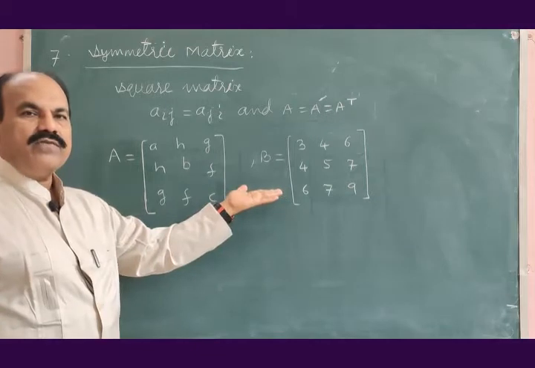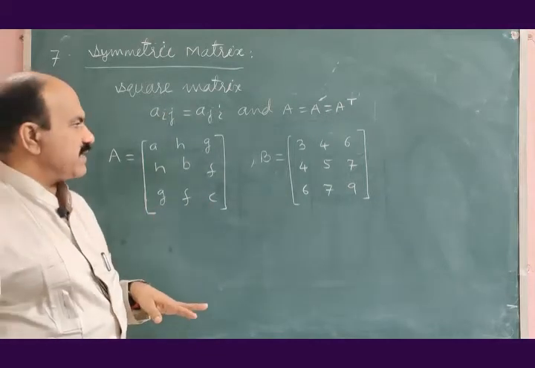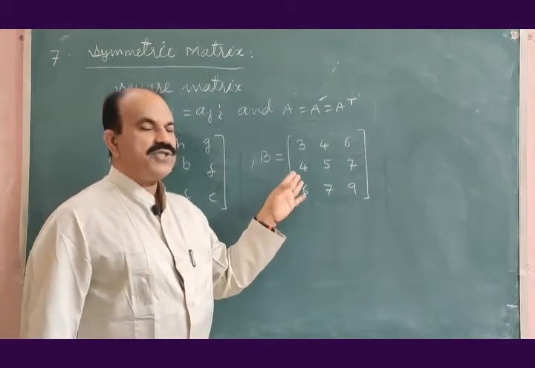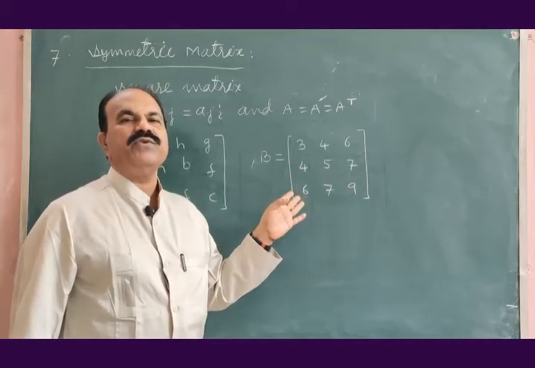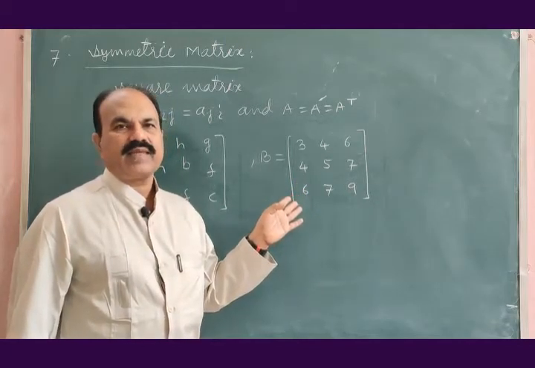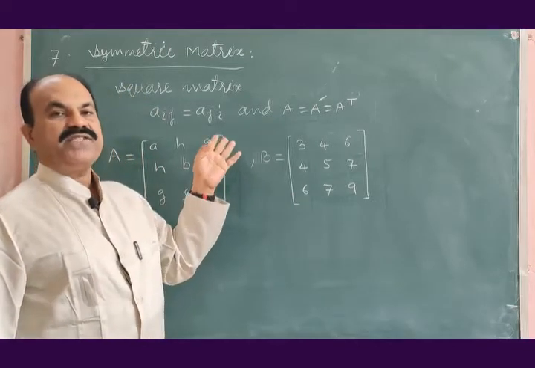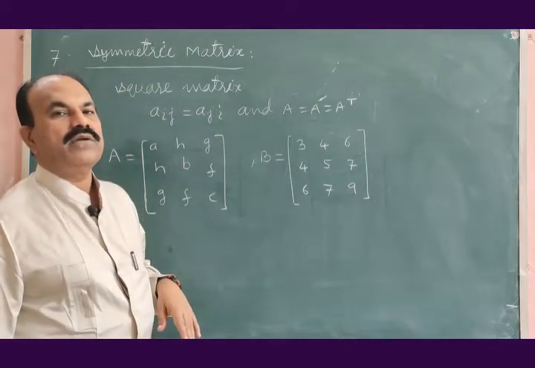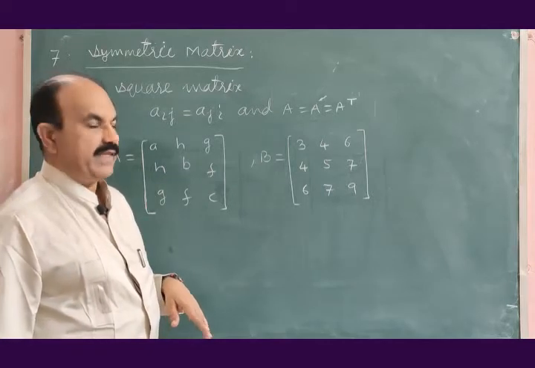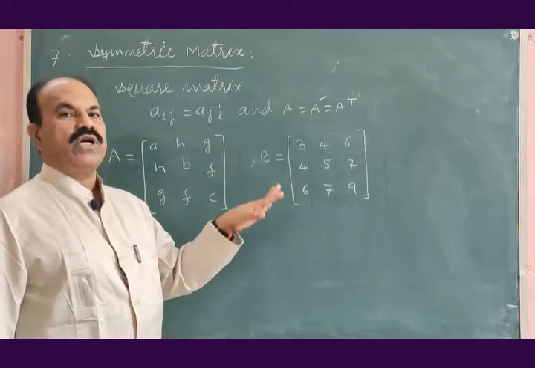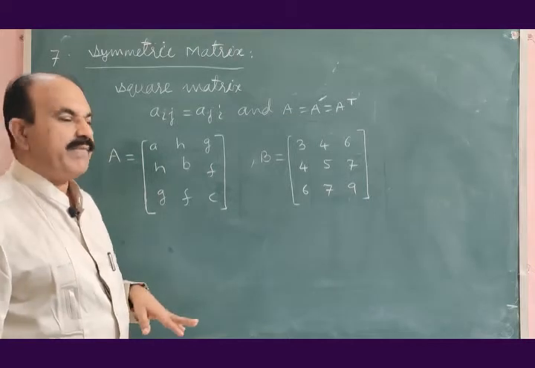This is the example of the symmetric matrix. Here also Aij is equal to Aji, and matrix A is equal to A prime or At. That is, if we interchange the rows and columns, you will get the same matrix.